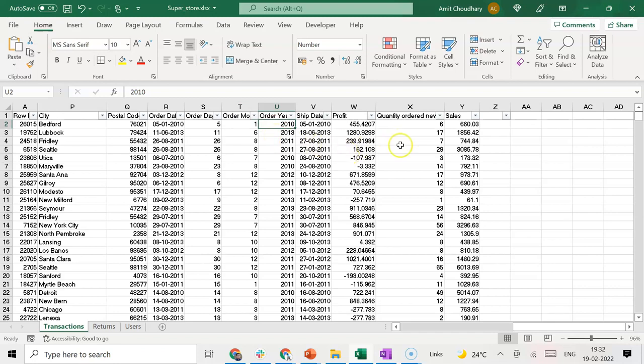If we think about the total sales in 2010, whatever the sales in 2010 will be the sum total of the sales in January 2010, February 2010, and so on and so forth till December 2010. So the sales of 2010, suppose it is $1,000, will be the sum total of the sales from January 2010 to December 2010.